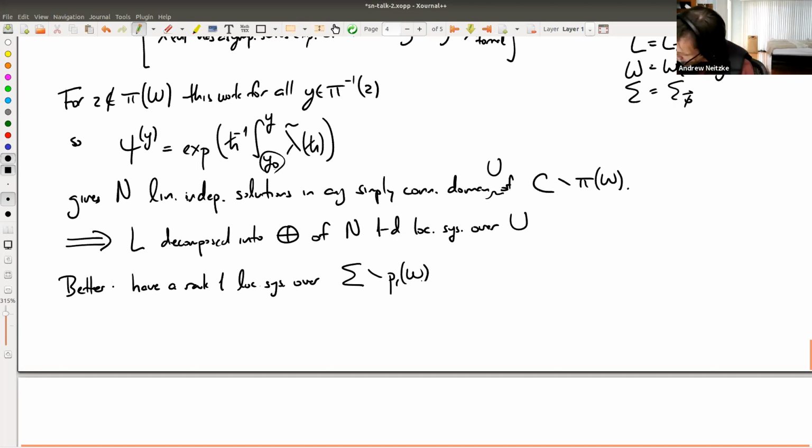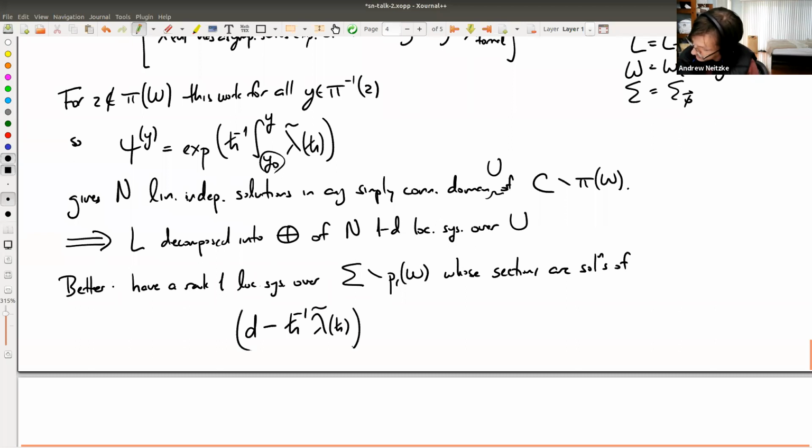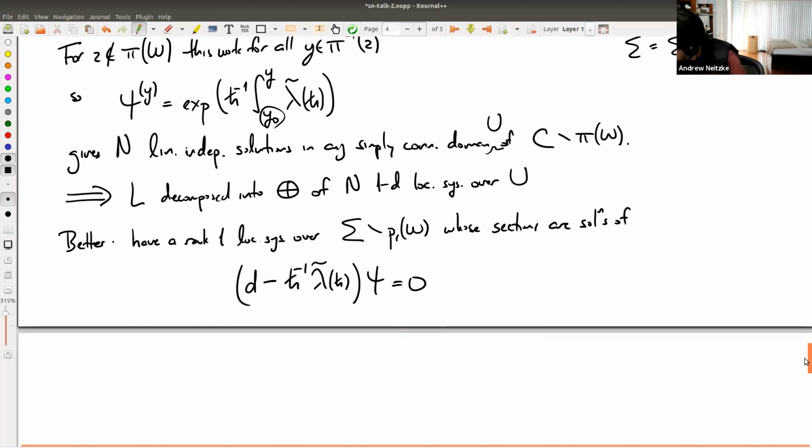Well, who is this local system? The sections are just the solutions of the equation d minus h bar inverse lambda twiddle of h bar, psi equals 0. The psi's that I constructed, right, they were constructed to be solutions of this equation. I was just integrating the exponential of the integral of lambda twiddle. So another way of saying it is that they solved this GL1 equation where the connection form is just this lambda twiddle.